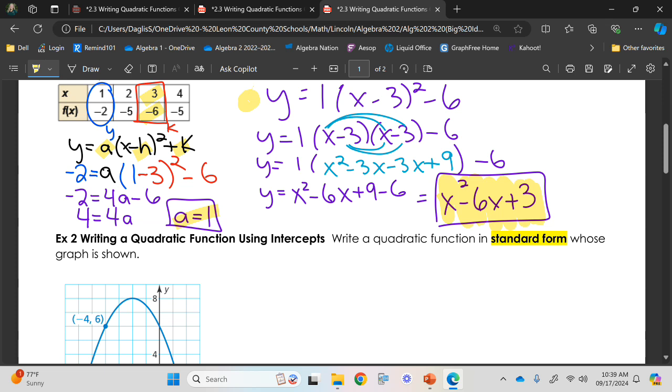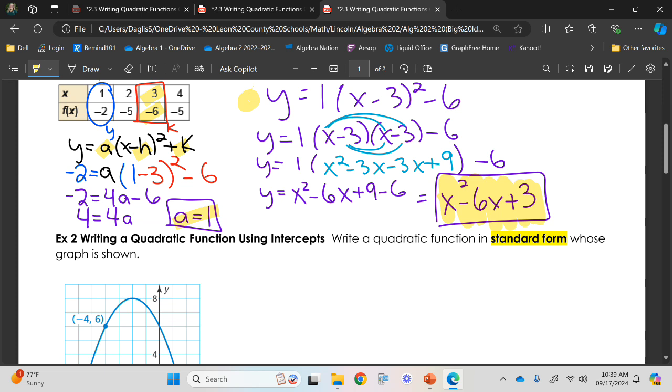So there is a way to check your answer. All right. Any questions for me? Yes. All right, my next one, we're going to use a graph, okay?